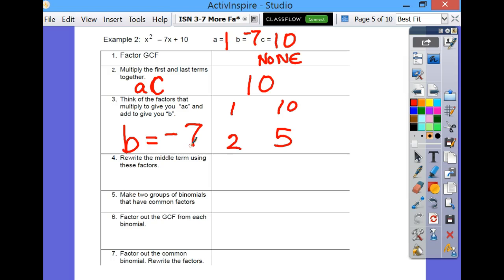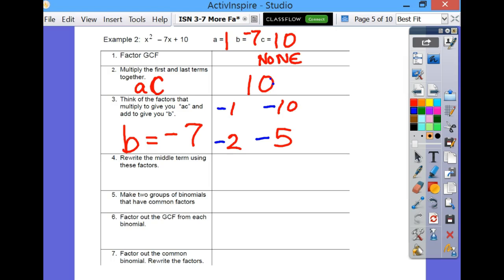But that's why I wrote this rule over here on the board to remind you that a negative times a negative makes a positive. If these are negative, they multiply together to get the positive 10.